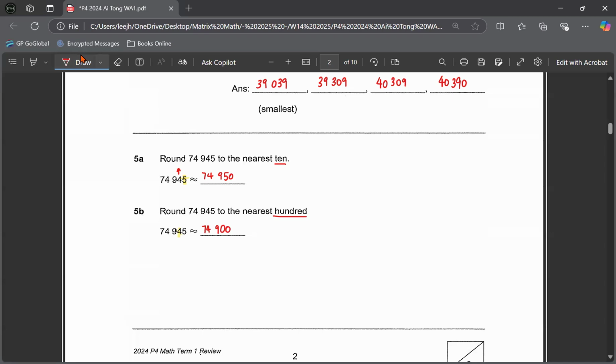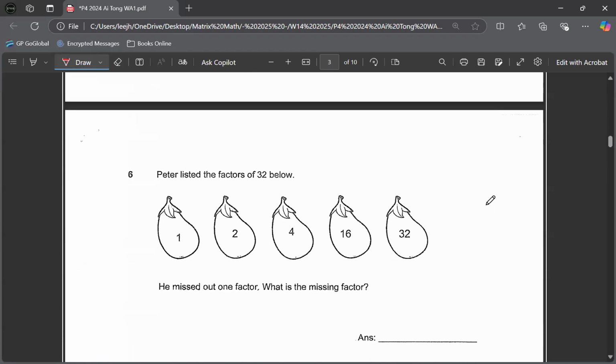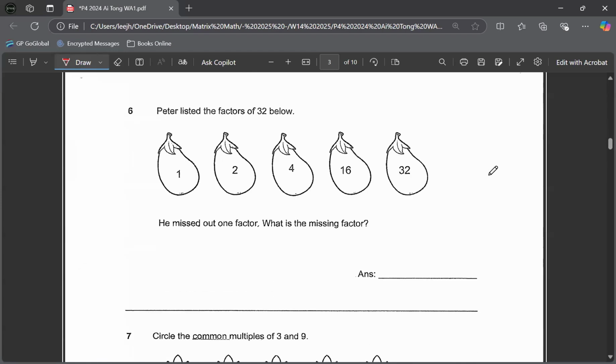Question number, yeah, sorry. Question number 6. Okay. Question 6 is about factors. So it says Peter listed the factors of 32 below. So you have all these numbers given. So he missed out one factor. What is the missing factor? So in order to do this, right, you need to list out the factors of 32.